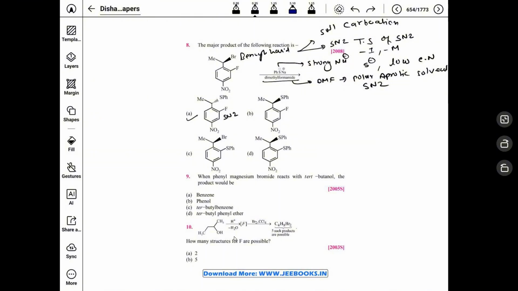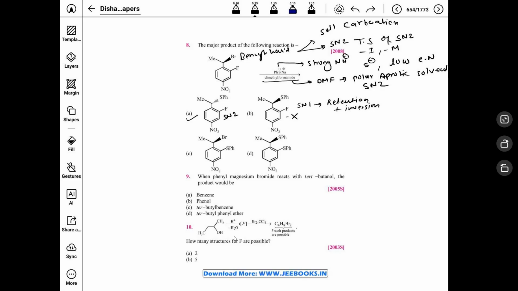This product is possible if the reaction is taking place from the same side. We know that in SN1 you get retention as well as inversion, but you are seeing only retention here, no inversion product. So this is also not possible.